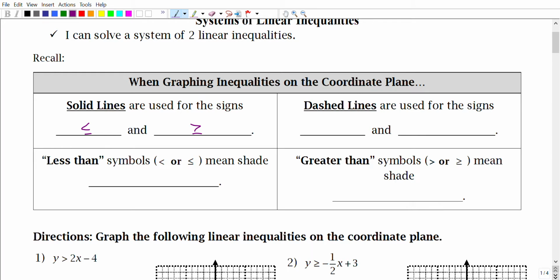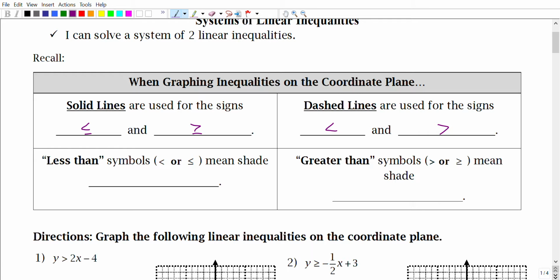The way I always say it is, does it have a little solid line under the symbol? Yes, it does, so it has to be a solid line on the coordinate plane. Dashed lines use the less than and greater than symbols. So we've used up all four of our symbols.